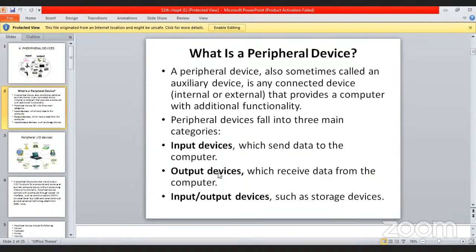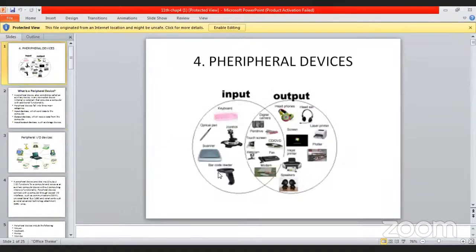They are connected devices. Which devices? Input output devices or internal or external devices. That peripheral devices fall into three main categories. First one is input, second is output, and last one is input output devices. What are they? We can see here in that diagram.